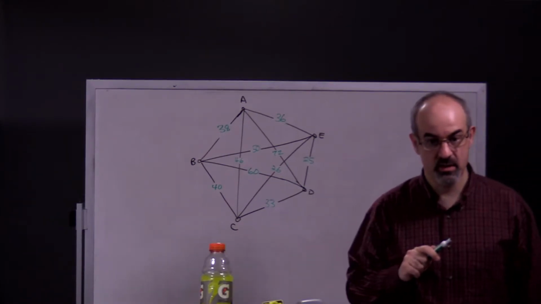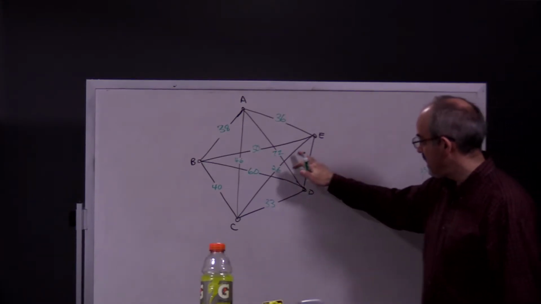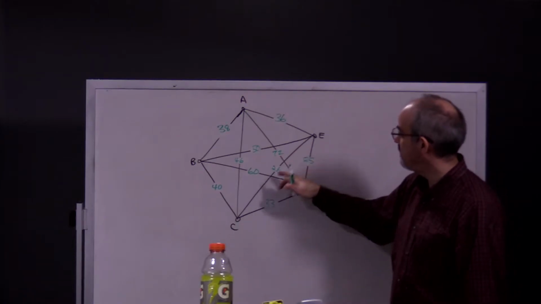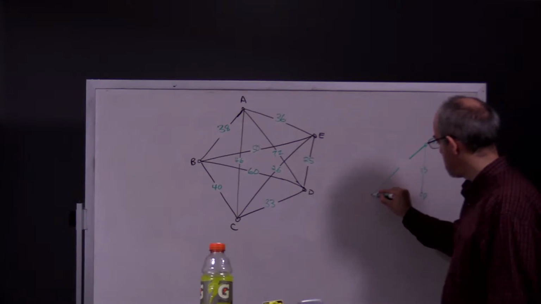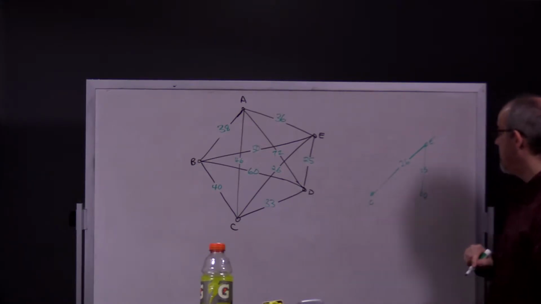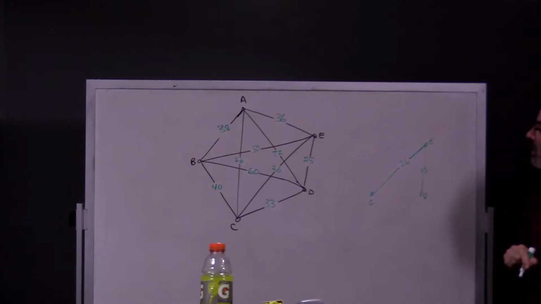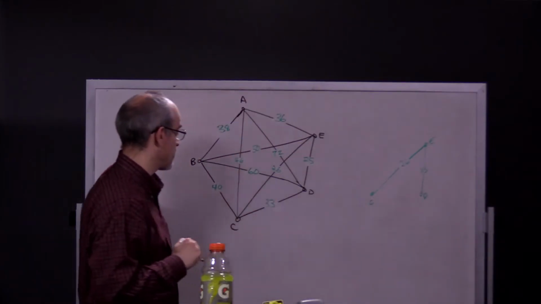The edge that has the least weight that's remaining is the one that goes from E to C. It has a weight of 26. Okay. The way I made this actually is going to show something.